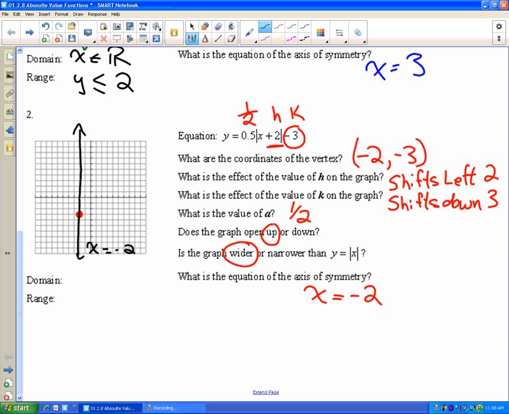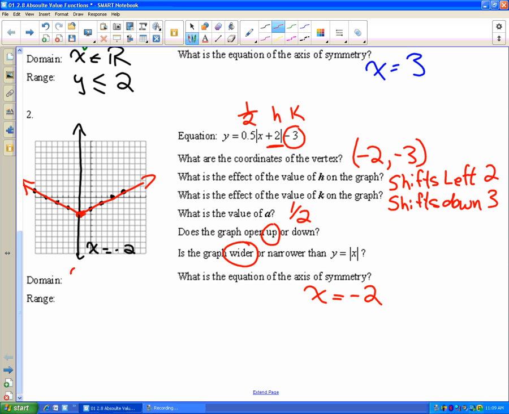I can use my slope as up 1, right 2, repeated, and do the opposite, up 1, left 2, repeated. When I do that, I'd get this V shape here.